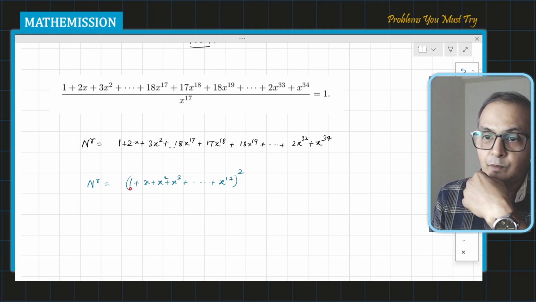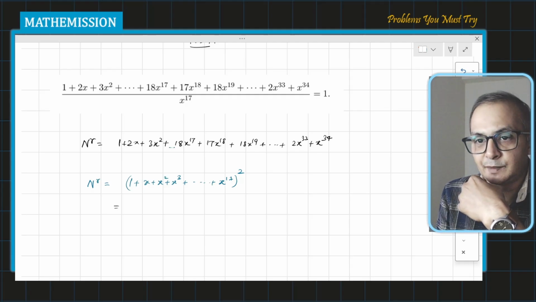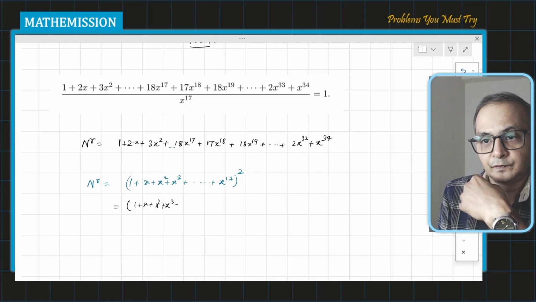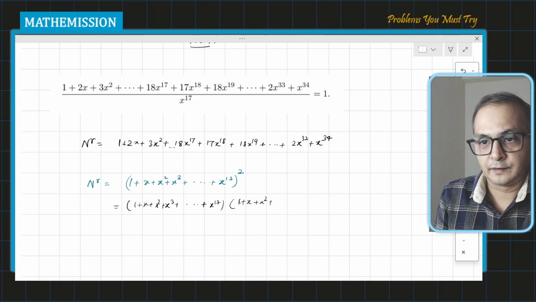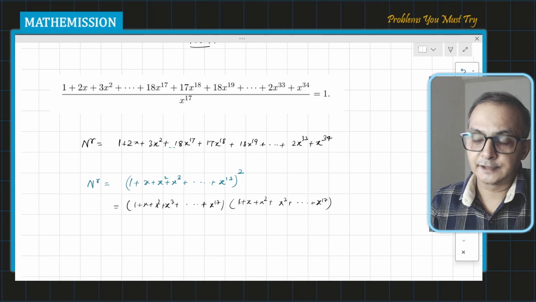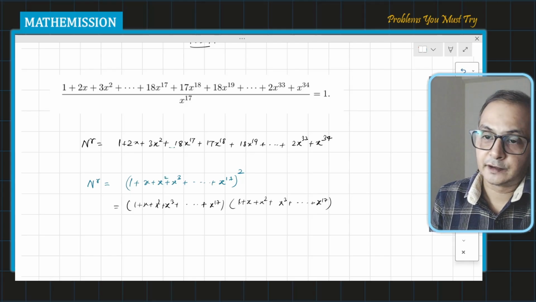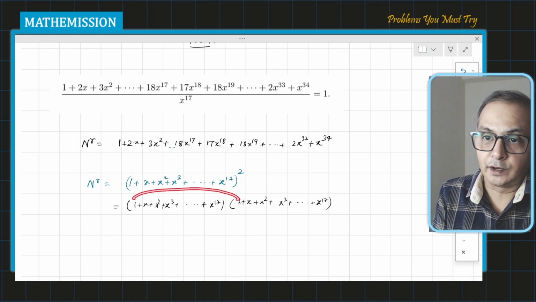If I square, it means that you are actually multiplying this series with itself, a single series twice: 1 plus x plus x squared plus x cubed up to x to the power 17. Now let's see how my guess is correct. If I multiply 1 by 1, I get 1.